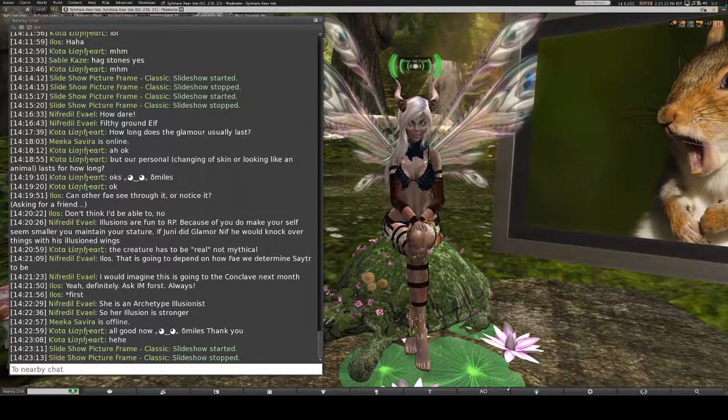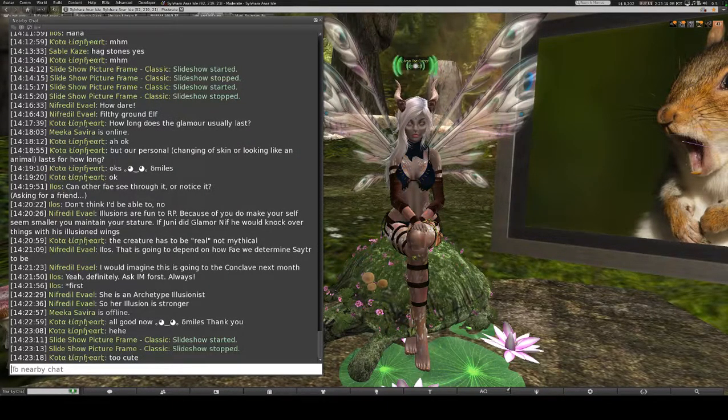Okay, so the next Fae ability I am going to talk about is their ability to talk to animals. This is the Sylvan Tongue. A druid learns the Sylvan Tongue as they level. This is the language that all animals know.